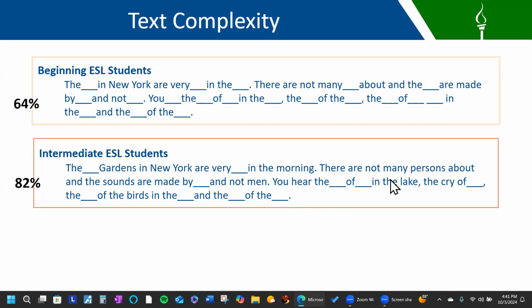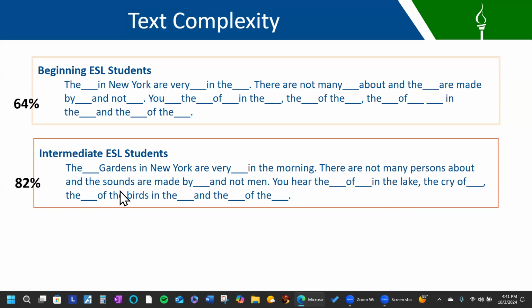So again, if you read through that, they've added a few beginning vocabulary words like morning and very, person, some words you might learn early on or be able to sound out as you begin to understand the language. But there's still many words that are left out that is going to make this not totally comprehensible to the student at 82%.